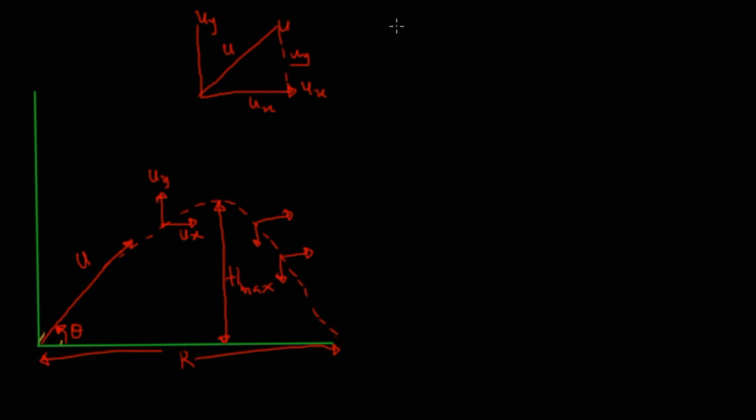So from the Pythagorean formula, u squared, that is hypotenuse squared, is equal to the sum of the squares of the other two sides. So we have uy squared plus ux squared. Then the magnitude of the velocity is the square root of uy squared plus ux squared.